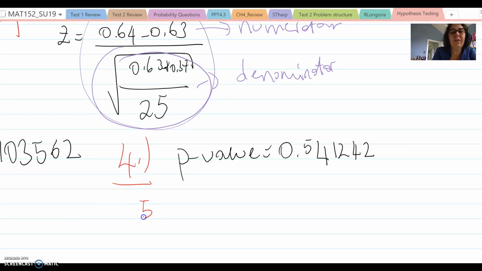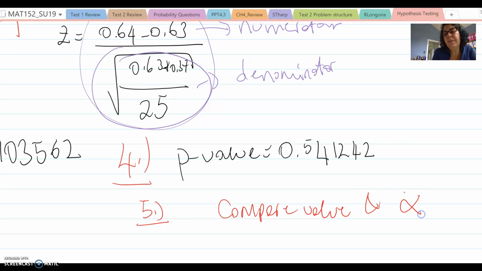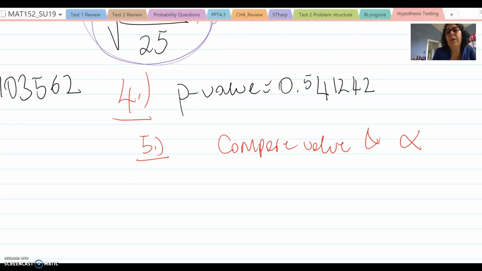Step 5 is your decision step. What do you need to do? You need to compare p-value and alpha. Alpha was 0.05, p-value is 0.541242.